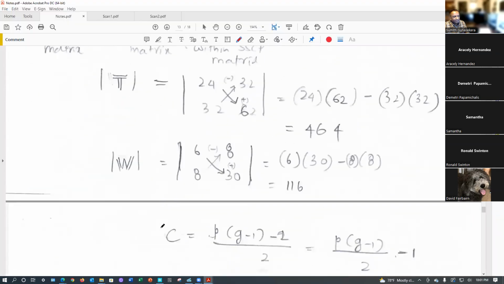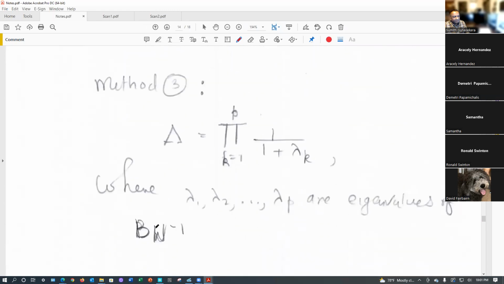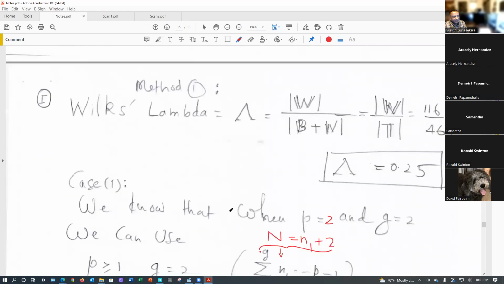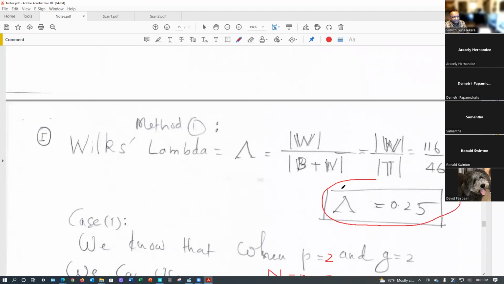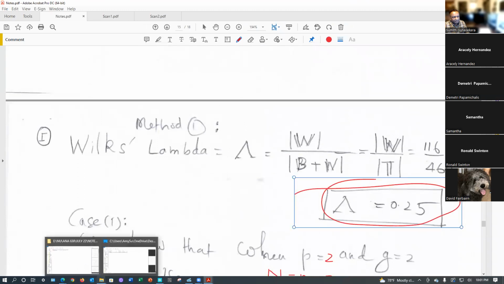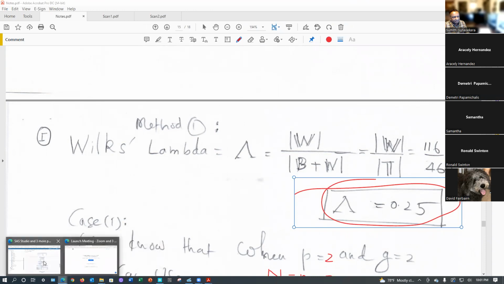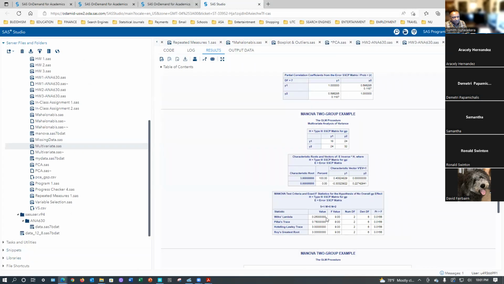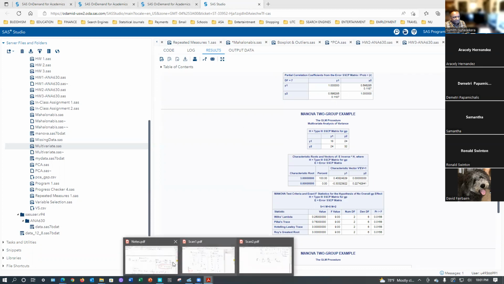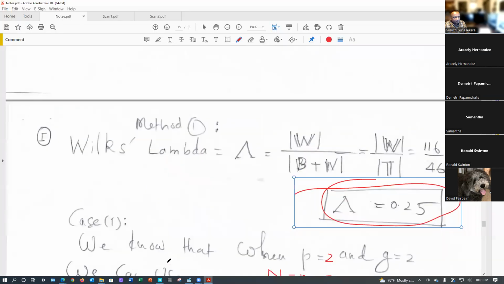Wilks' lambda here is 0.25. F value 9. How did you get it? Through two ways.